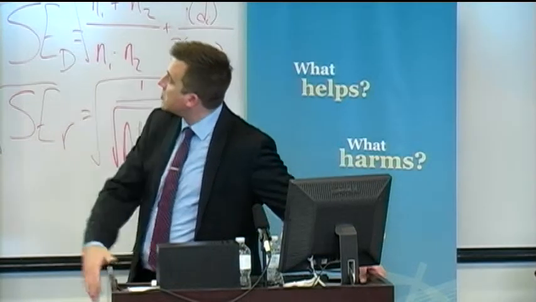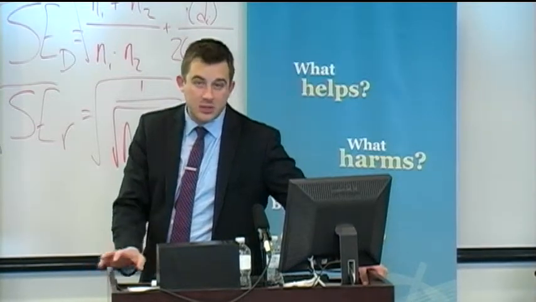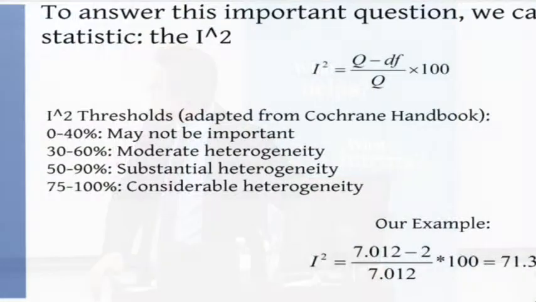So if you have a 0 to 40% I-squared, the heterogeneity is probably not that important. This is his language, by the way. If you have 30 to 60%, and don't ask me why the percentages overlap, I don't understand that. I don't know what it means when you have 35% heterogeneity.